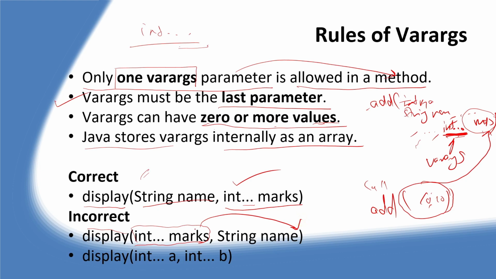We cannot define it first. So that's why it is incorrect. And only one variable argument is allowed in one method. It is violating the first point. Second example: we cannot use two variable arguments in one method. So this is incorrect.